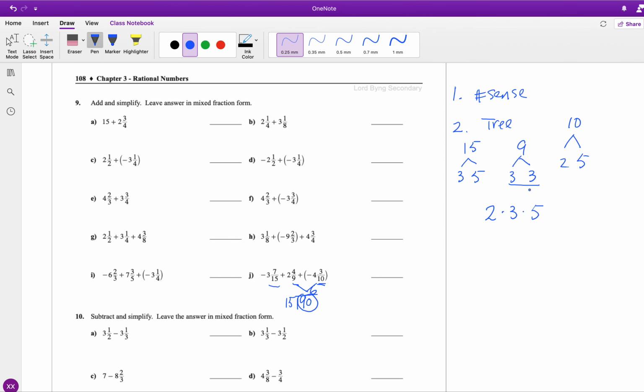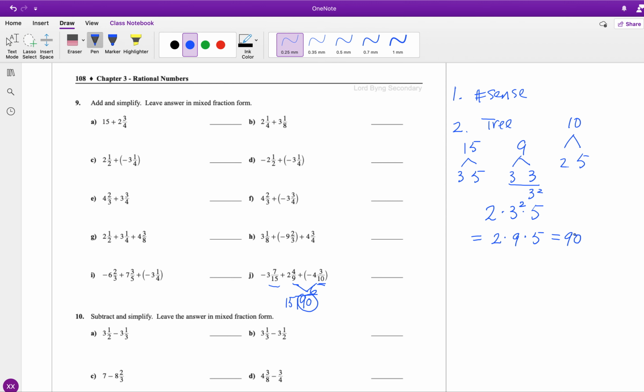So this one is 3 to the power of 2, so we have to pick the 3 to the power of 2. This one is only 3 to the power of 1. Then if you multiply this together, 2 multiplied by 9 multiplied by 5, that is 90.